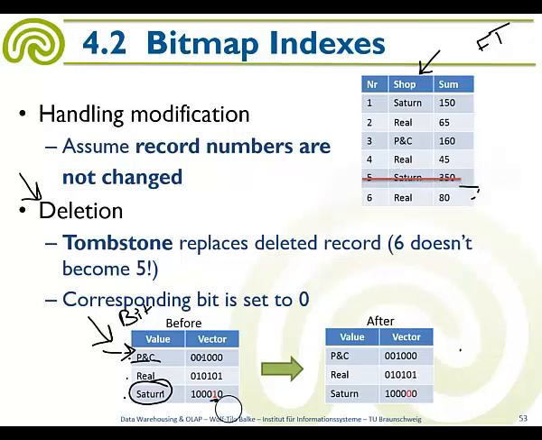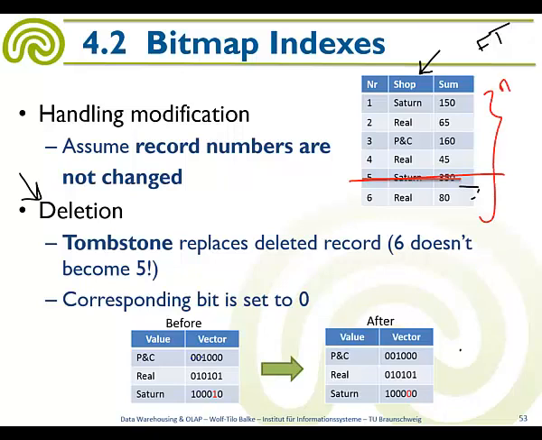Had you cascaded everything here, then what would you have needed to do? Well, if you had chosen to completely delete this record from the fact table, then the fact table's length is no longer n, it is n minus 1. So the length of each of the bitmap vectors now has to be not n, but n minus 1. So you would have to have deleted all of these here, and the size then is smaller.